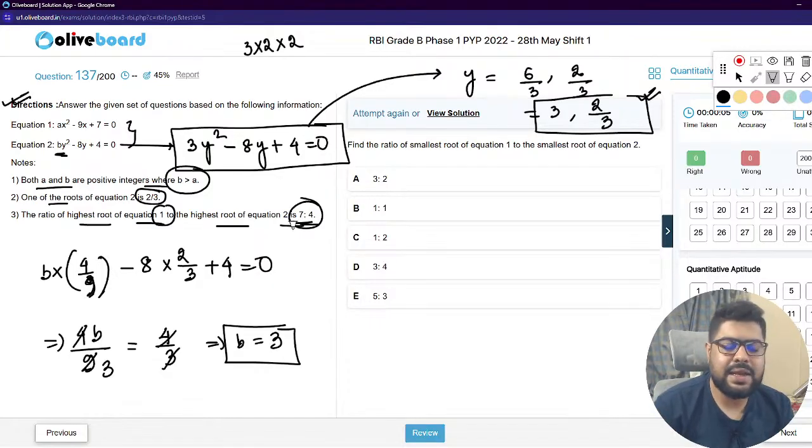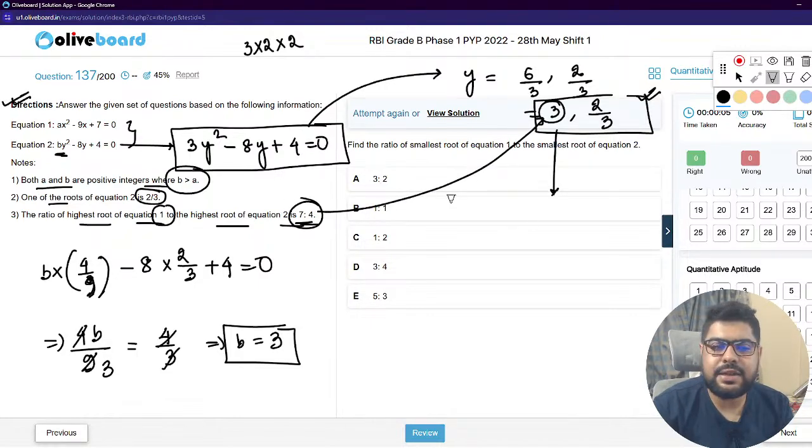Okay, fine. So highest root of equation 2 is 3. That represents 4. So what will be the value for the other equation, the highest root of equation 1?